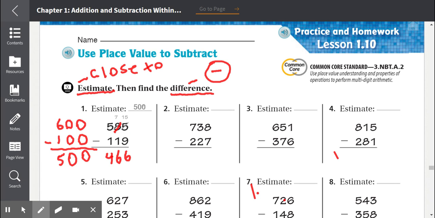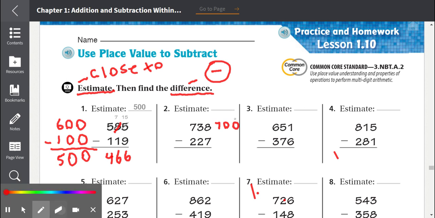Number 2. First step, we estimate, then we find the difference. So let's begin by rounding 738 and 227. 738 is between 700 and 800, but it will be closer to 700.